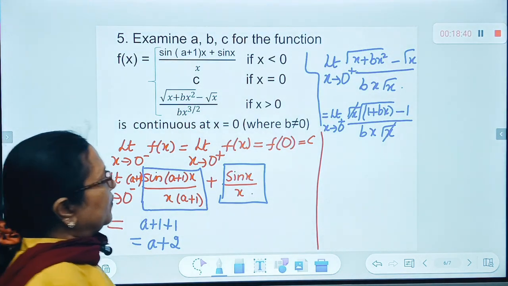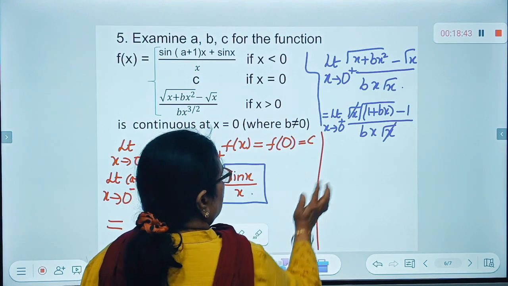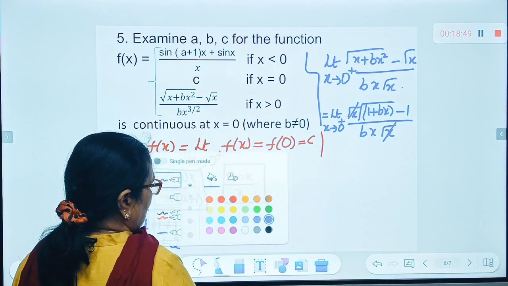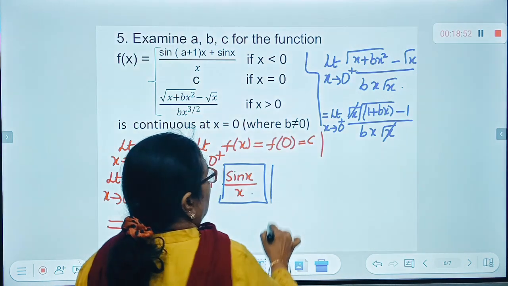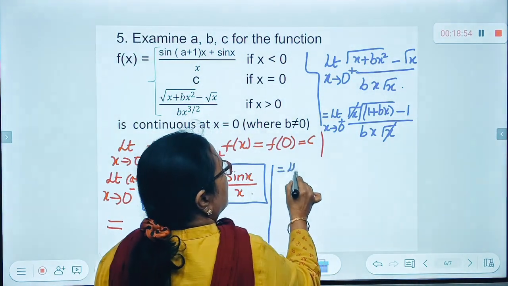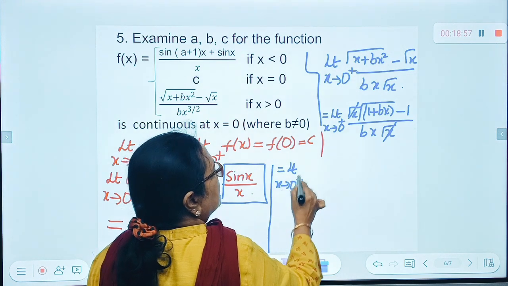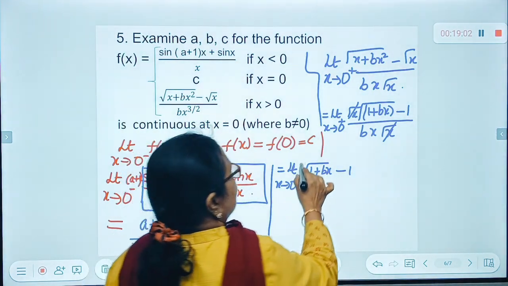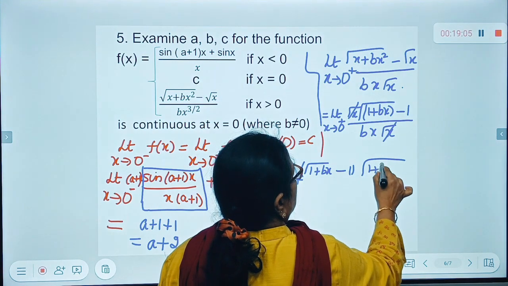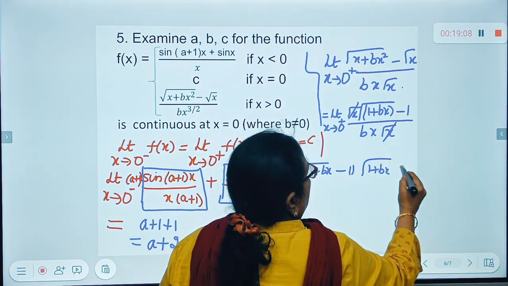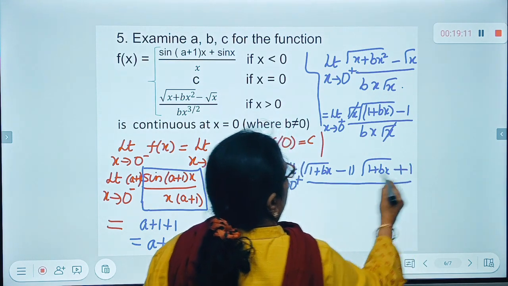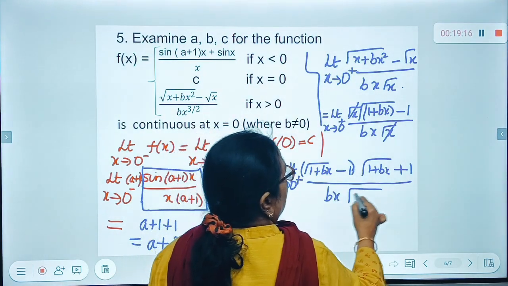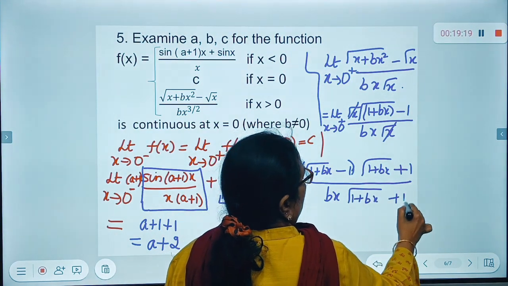Now I am going to multiply by the conjugate. So this is equal to limit x tends to 0 plus root of 1 plus bx minus 1 into root of 1 plus bx plus 1 divided by bx into root of 1 plus bx plus 1.